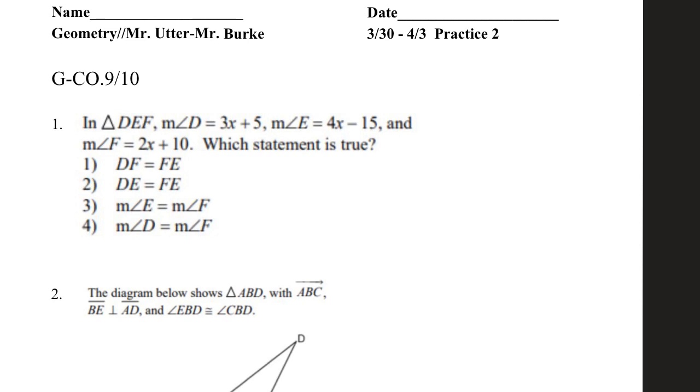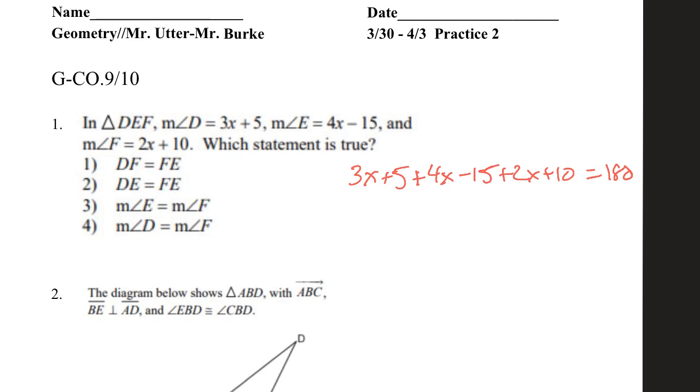So to find x, all we need to do is just add up all of the angle measures and set it equal to 180. So we got 3x plus 5 plus 4x minus 15 plus 2x plus 10, and all of that equals 180 degrees.